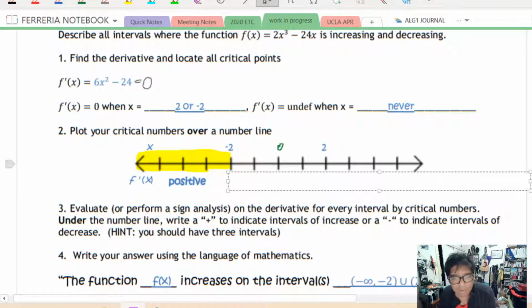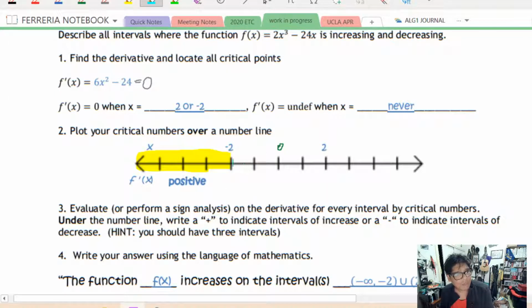Why is the derivative positive there? Well, we've shown that the derivative is positive at one point in that interval, and there are no other critical numbers in that interval. So then the derivative cannot possibly change sign in that interval if there are no critical points. What about the second interval, from negative 2 to positive 2?